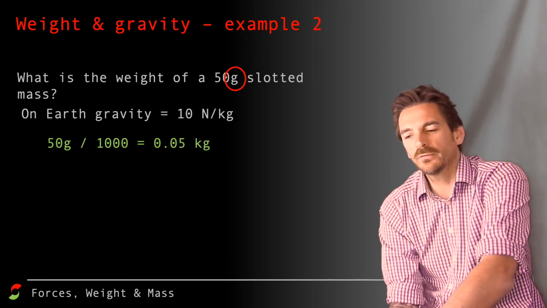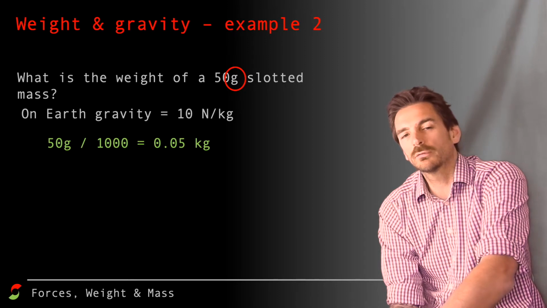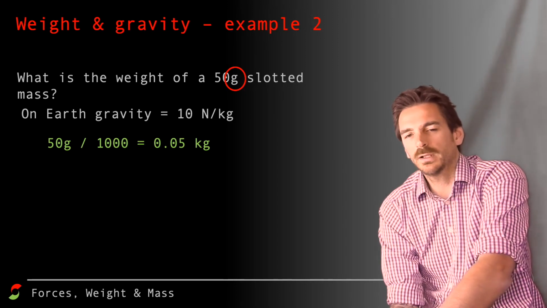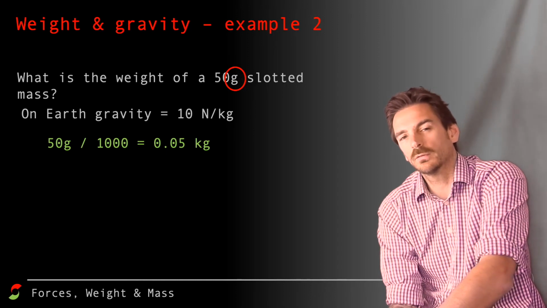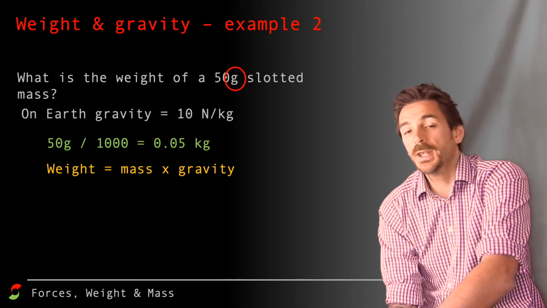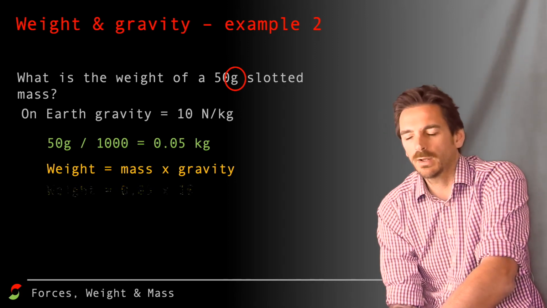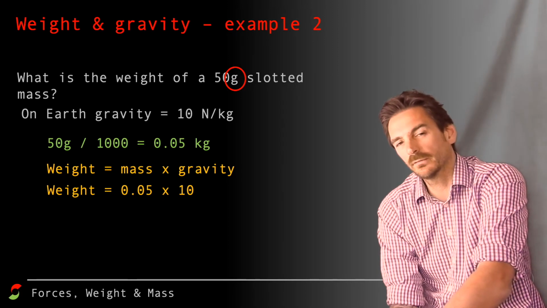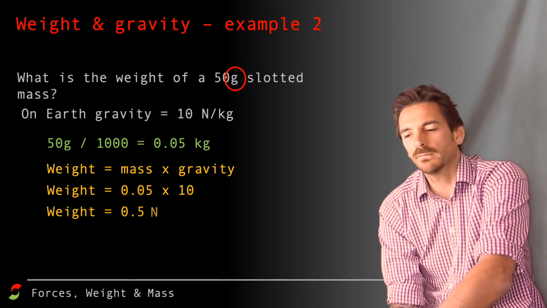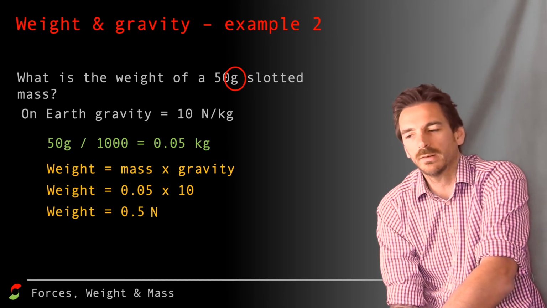So the first thing that you need to do is convert those grams into kilograms. So we divide by 1,000 and 50 grams then becomes 0.05 kilograms. So now the units are correct. Now we can quote the equation and now we can substitute in 0.05 times 10. We get an answer for our weight of 0.5 and of course newtons to complete the answer.